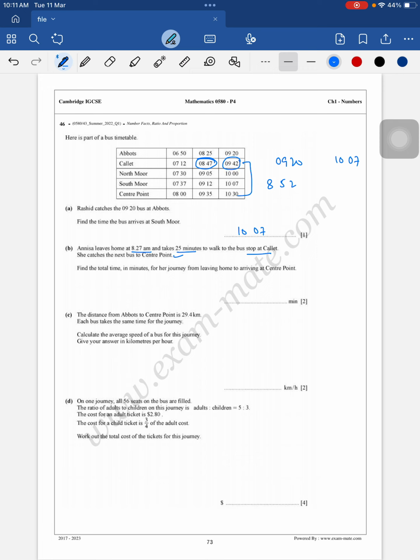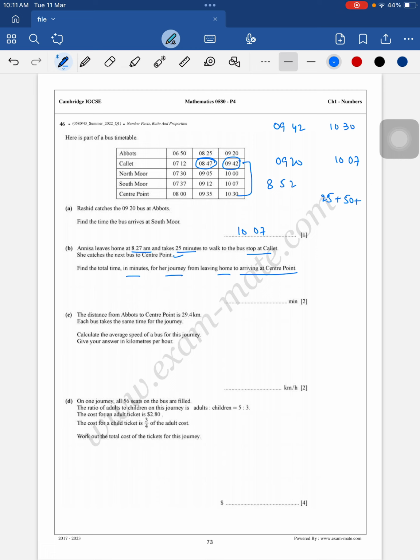Find the total time in minutes for her journey from leaving home to arriving at center point. So she is leaving at 8:27. So 25 minutes first. Then she catches the bus at 9:42. It means that from 8:52 till 9:42, it means 50 minutes over there. Waiting time. And then she reaches at 10:30. It means 9:42 till 10:30.